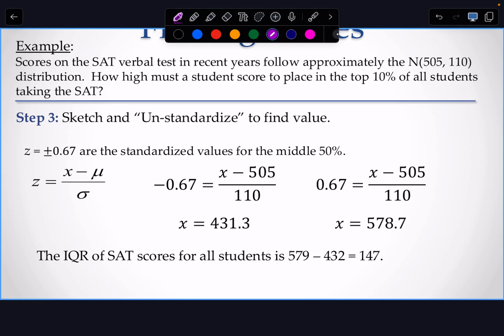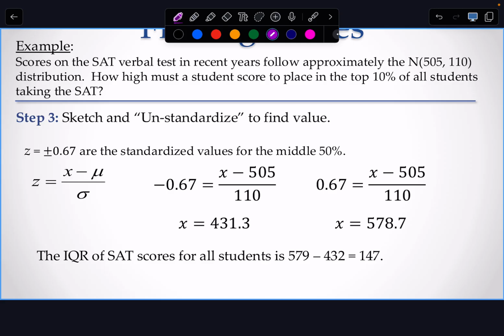It's a matter of plugging the z-scores in, multiplying by the 110, adding the 505. Now when I get my quartiles, because that's what I'm calculating, quartile 1 is 431.3 and quartile 3 is 578.7.